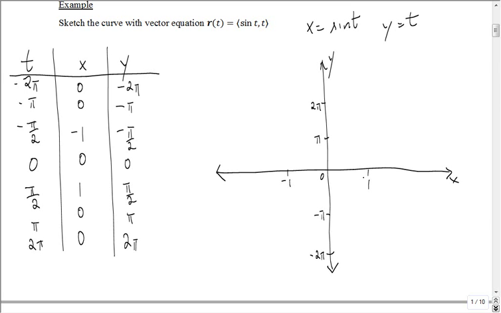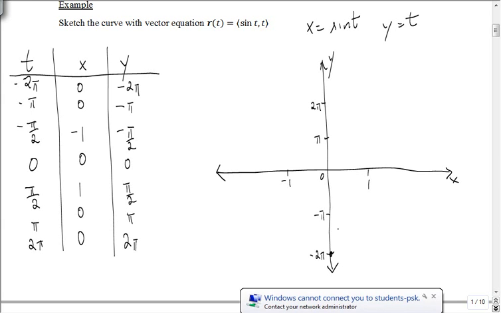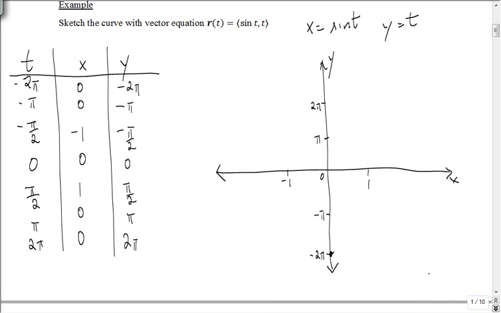And then all you do, you just plot points. So you have 0, minus 2 pi, that's here. 0, minus pi, that's here. Okay, that's the reason I put a minus pi over 2. I wanted to know what was happening.